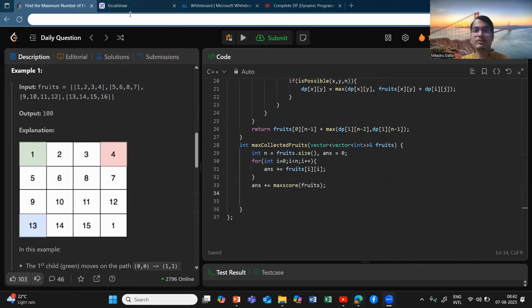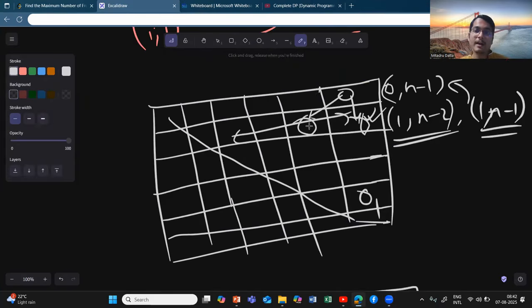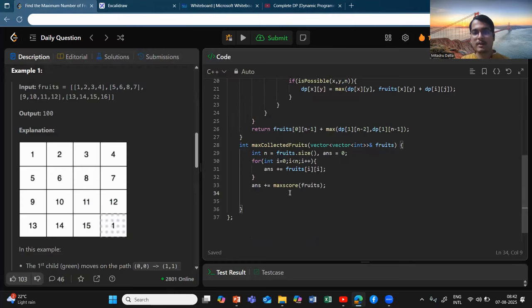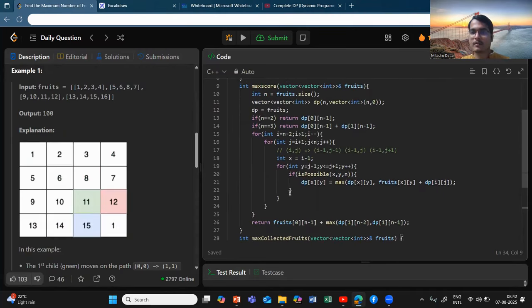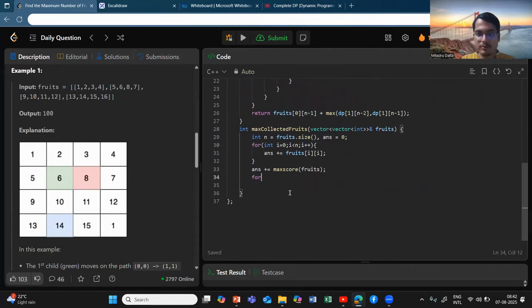But I also need to transpose the matrix, as I had already told you that if you are able to solve for this guy, you just take a transpose of the matrix, take a transpose of all the values, and you can also solve for this guy in a very similar manner, right? So what you can do is just take a transpose: for i equals 1 to n, and for j from i plus 1 to less than n, you can swap the values of fruits ij with fruits ji.